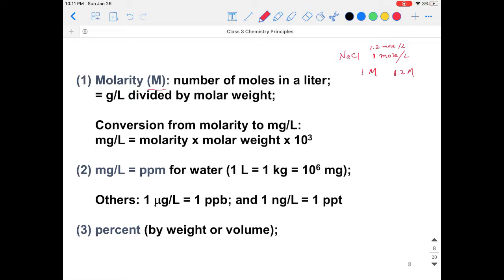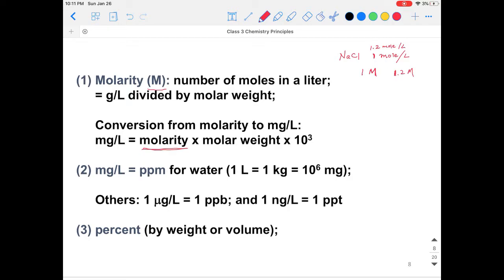After we know the molarity, we can easily convert from this molarity into mass concentration, right? So basically, if we know the molarity, we can multiply by the molecular weight of these species to get its mass concentration.